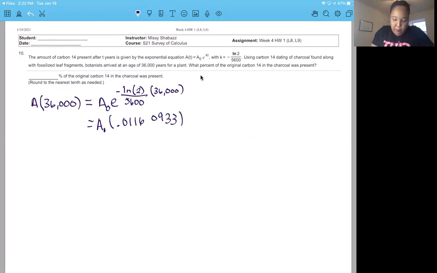This is what I'm getting. So I'm going to move my decimal 2 places. So it looks like 1 point, round to the nearest tenth, so approximately 1.2% of the original amount.